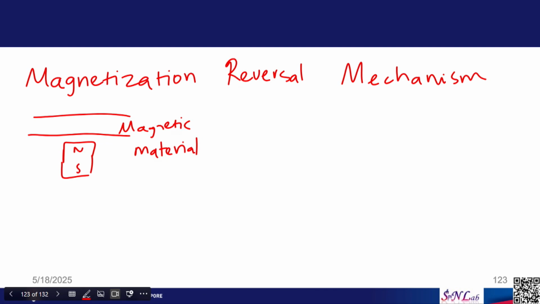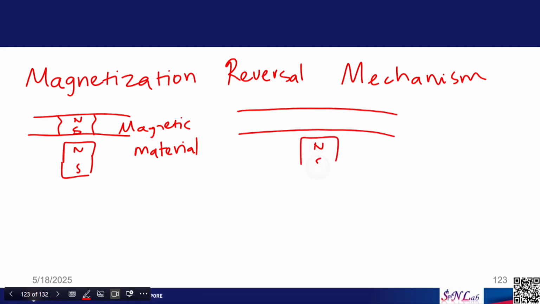So, I mentioned that in some material only the region directly in the vicinity of the magnet will reverse the polarity, and in some material the reversal will spread over to very large distances.